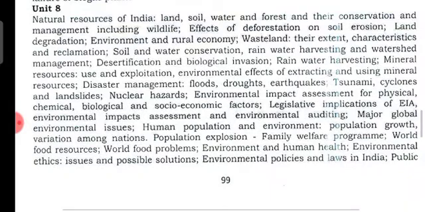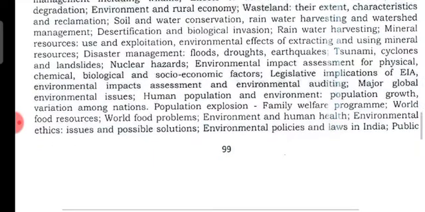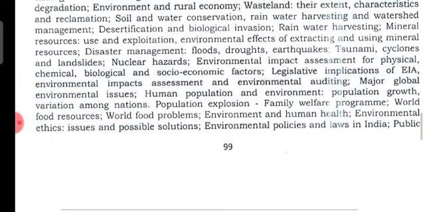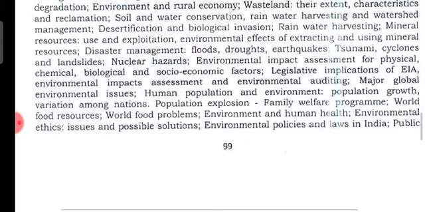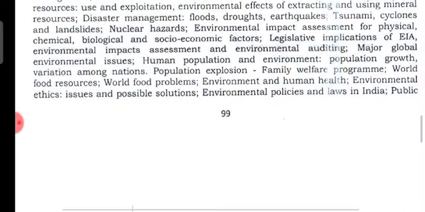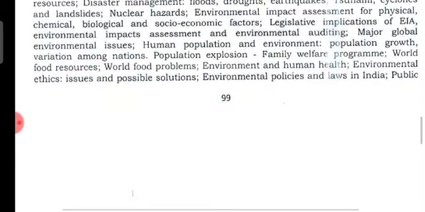Next is unit number 7, natural resources in India: land, soil, water, forest, and their conservation and management, including wildlife, effect of deforestation on soil erosion, land degradation, environment and the rural economy, wastewater, wasteland and their extent, characteristics and reclamation, soil and water conservation, rainwater harvesting, watershed management, and disaster management: flood, drought, earthquake, tsunami, cyclones, and so on.